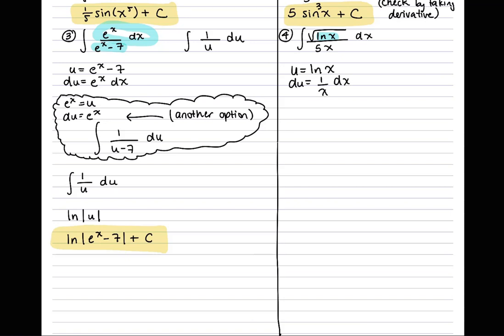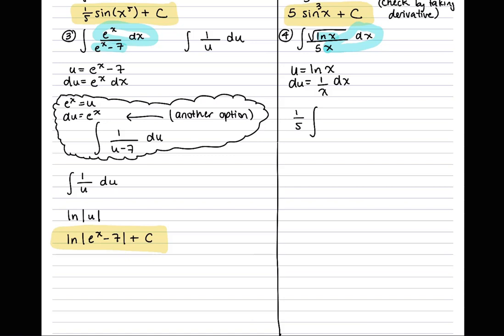And let's see if we have it. I see that we do. Here's my 1 over x dx. Okay, so I have an extra constant of 5 in the denominator. So if I rewrite this, if I just pull that 5 out, you can do that with constants. You can never do it with x's, but you can pull out a constant from an integral.